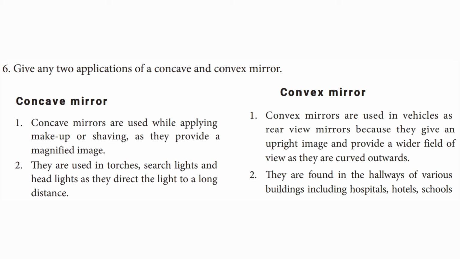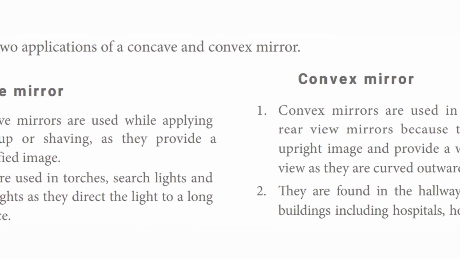Convex mirror. Point number 1. Convex mirrors are used in vehicles as rear view mirrors because they give an upright image and provide a wider field of view as they are curved outwards. Point number 2. They are found on the highways and in various buildings including hospitals, hotels and schools.